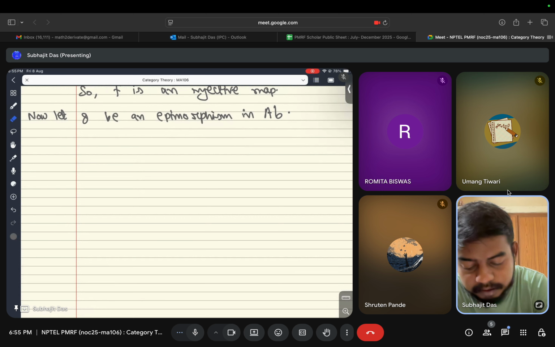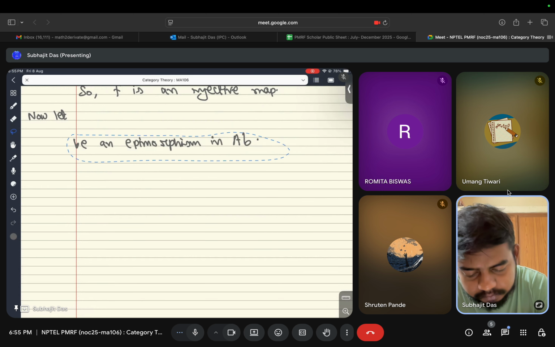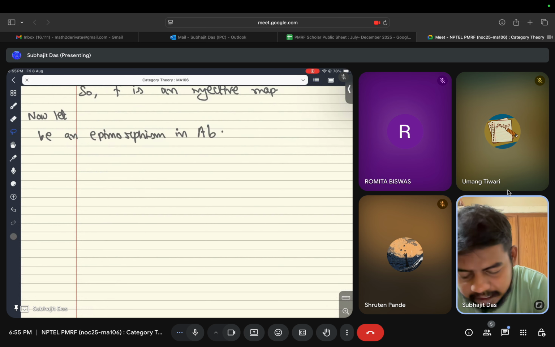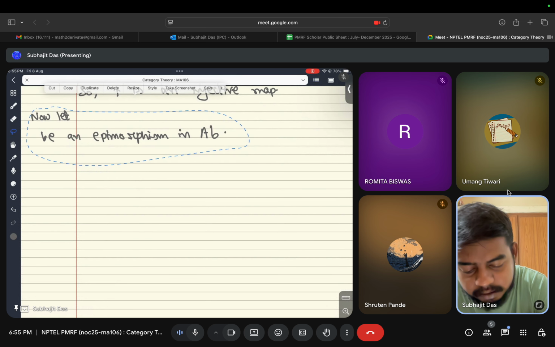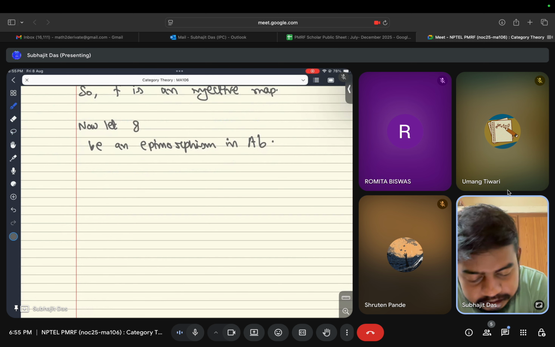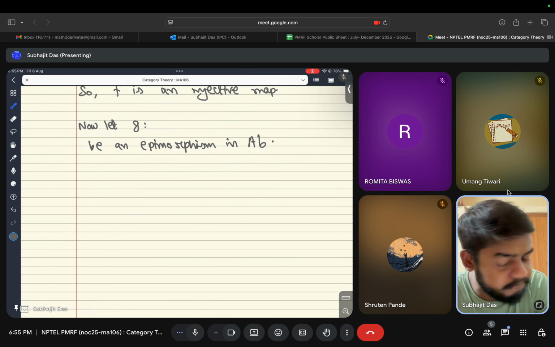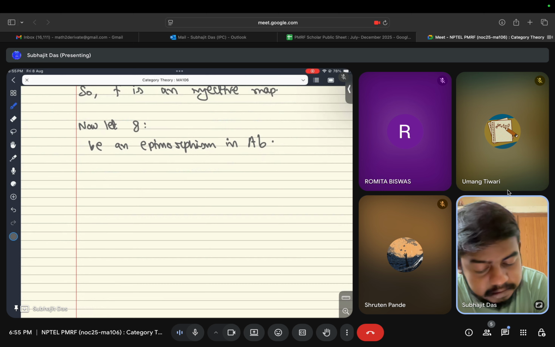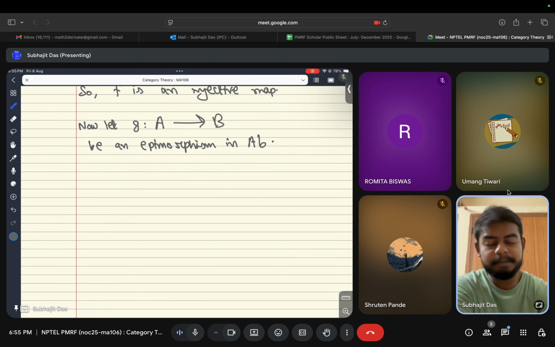So yeah, I should write it like this. I have a tendency of dropping out of the margin, but yeah. And let G from A to B be an epimorphism in AB.